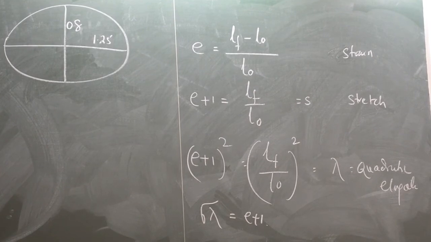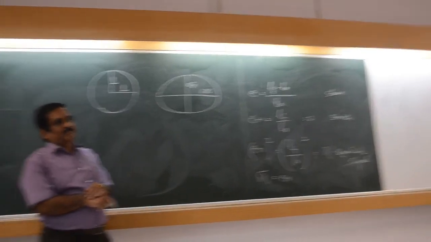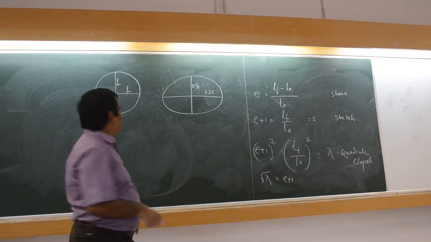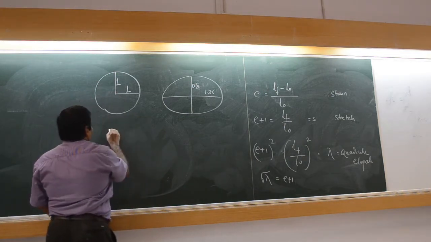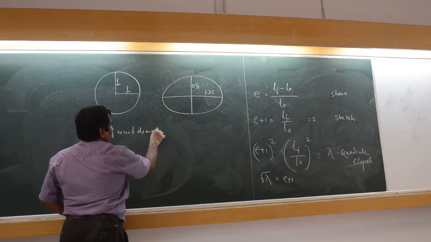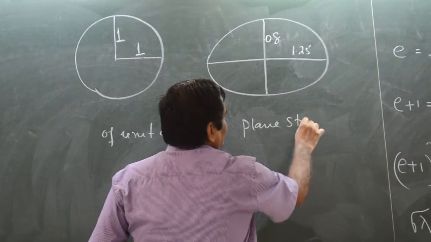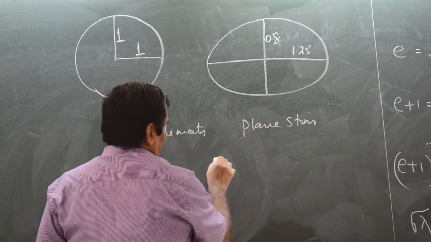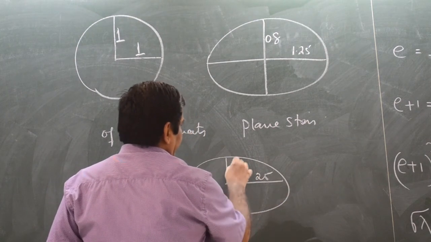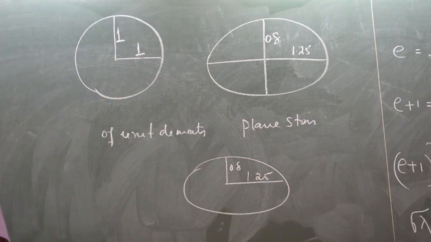Now, okay? Now suppose I ask you, a circle of unit dimension, when it undergoes plane strain, produces the dimensions 1.25 and 0.8. Initially it was unit dimension. Okay?